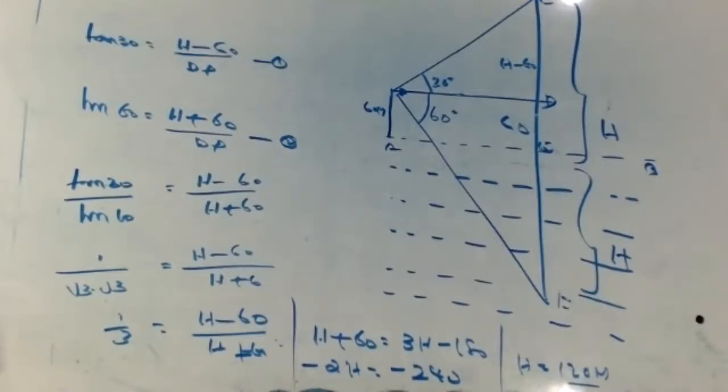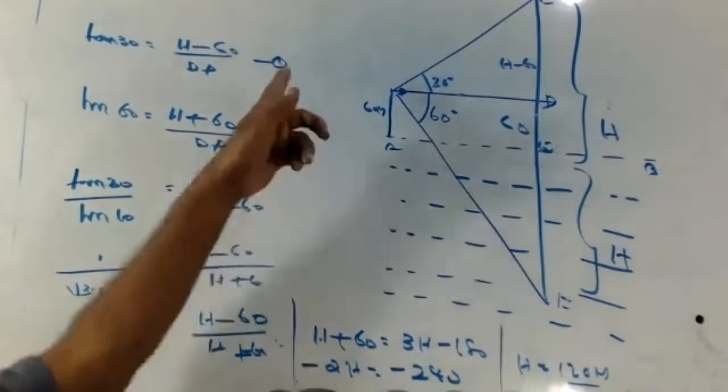Then by law of reflection, CE equals EF. Let CE equal EF equal capital H. Okay. Now you can continue this one.